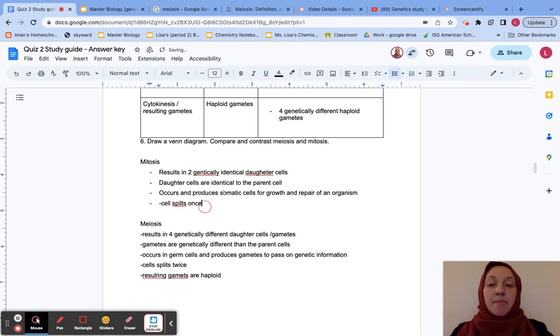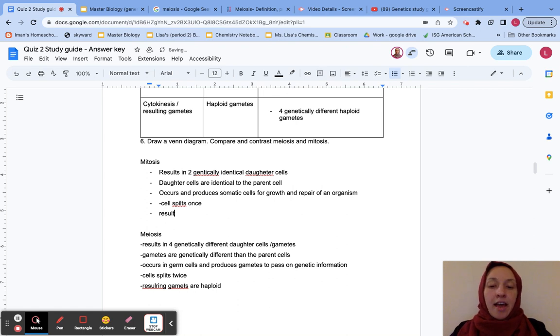Whereas in mitosis, the resulting cells are diploid. I'm sorry, not resulting gametes, resulting cells. Okay, daughter cells. Sorry, it's late. Resulting daughter cells are diploid. Okay, these are some of the differences. Also, in meiosis, crossing over occurs. All right.